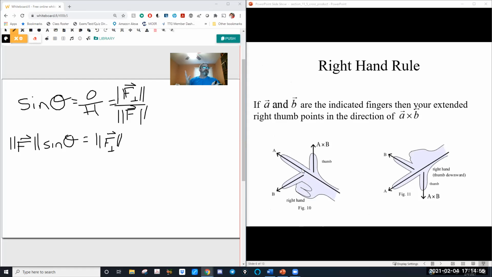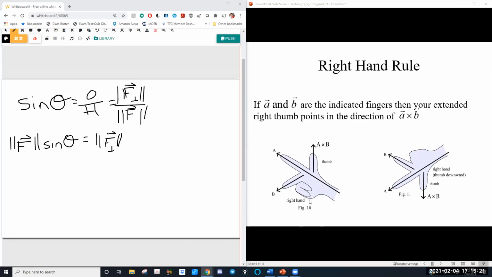So it's whichever one you prefer. Most of the time, there's not going to be a case in here where that's a huge issue, because most of the time we're going to have our vectors in component form, and that's where it's a little bit easier to get the direction. Okay, so that's the right-hand rule.